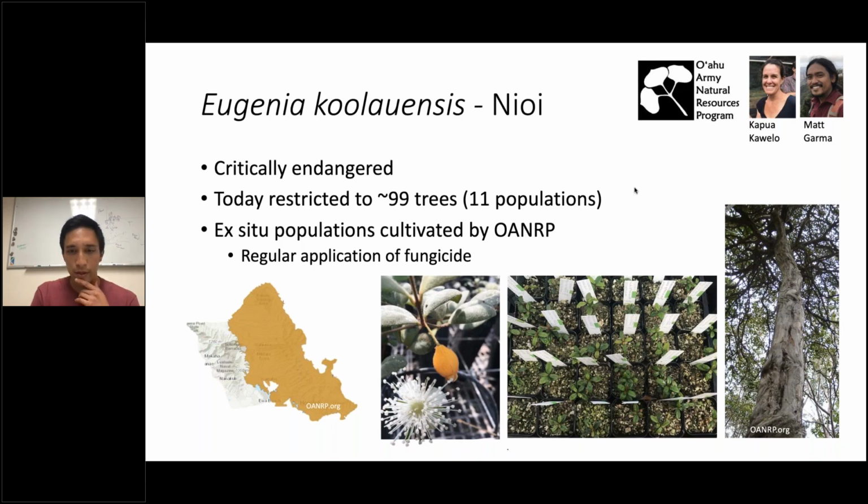They have about 300 genotypes, I believe, of nioi in triplicate in their greenhouses. Unfortunately, these populations require a regular application of fungicide, I think every 2 weeks, because of how prevalent the Myrtle Rust is even in the greenhouses.